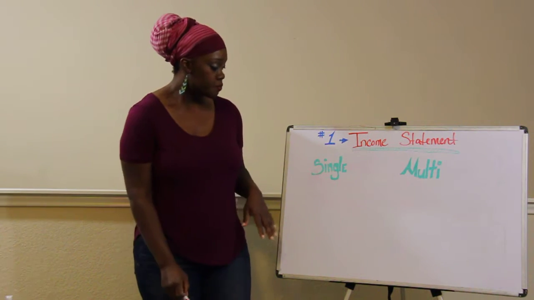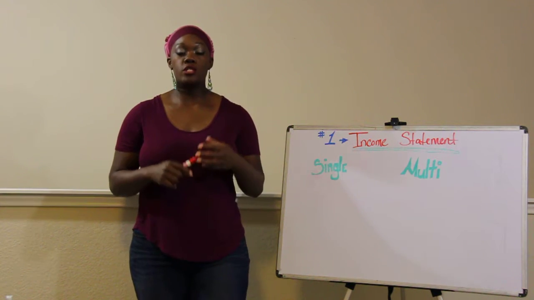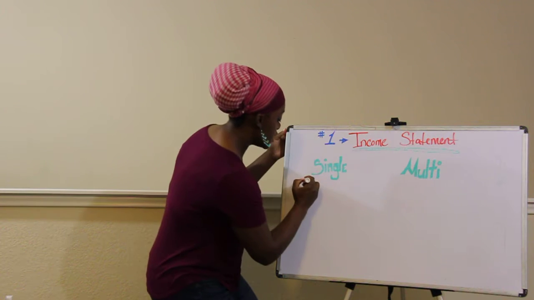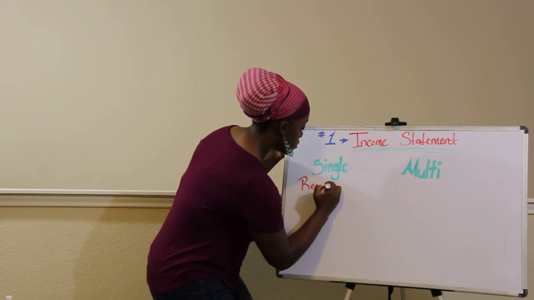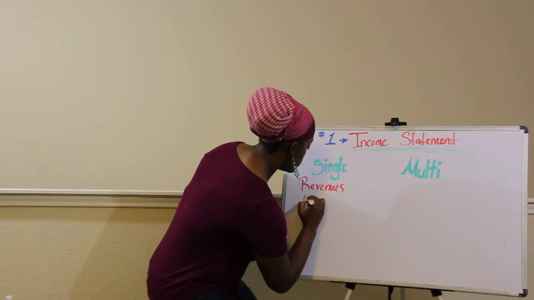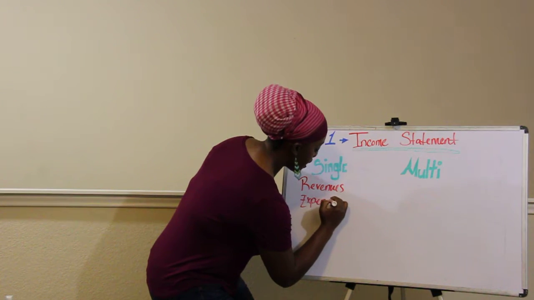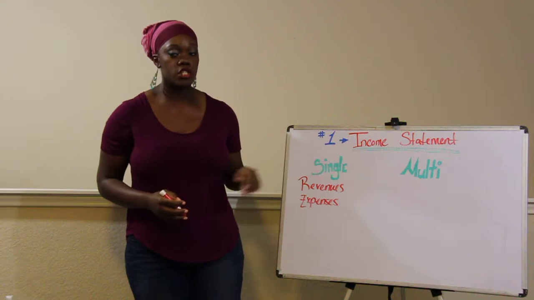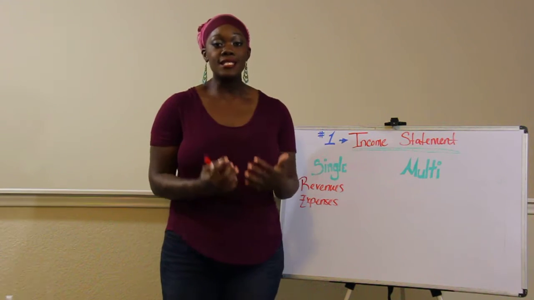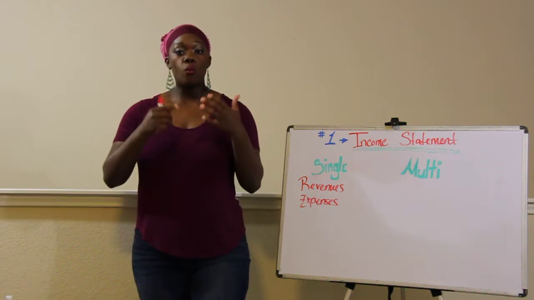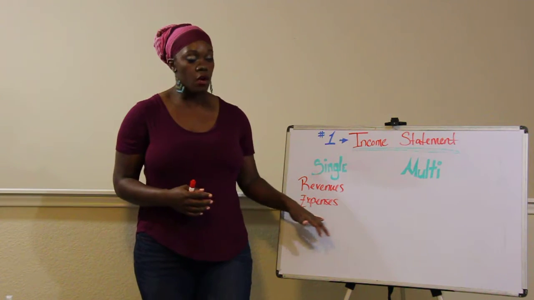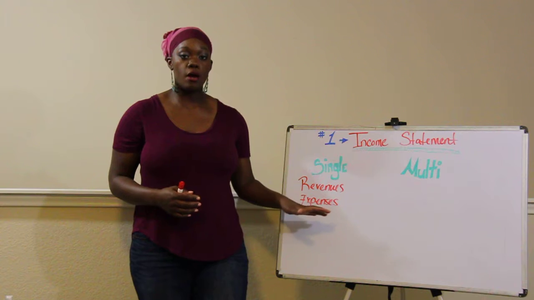All right, so going back to the board. When you think of the income statement, I want you to get in the habit of always thinking about your revenues and your expenses. These are the two different types of accounts that are always going to show up on the income statement. This is how companies determine where our funds, our earnings came from this year, and also what kind of things we spent our money on.